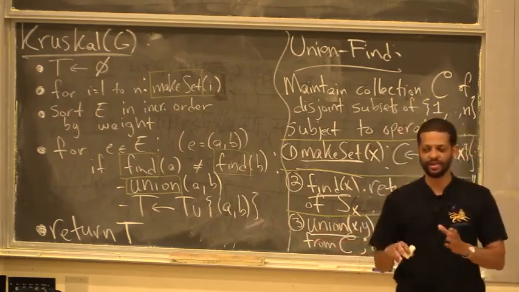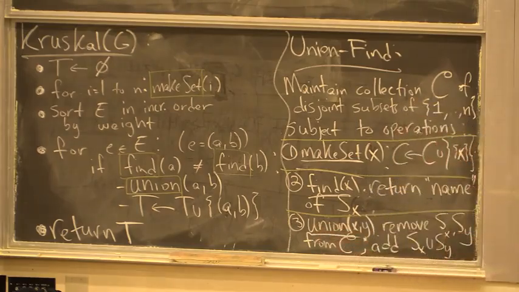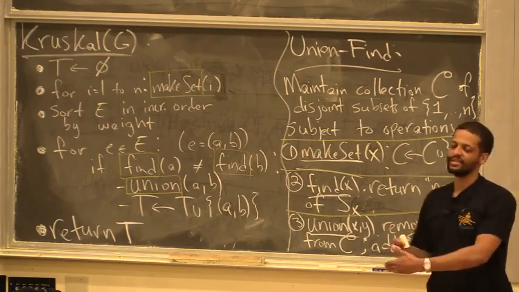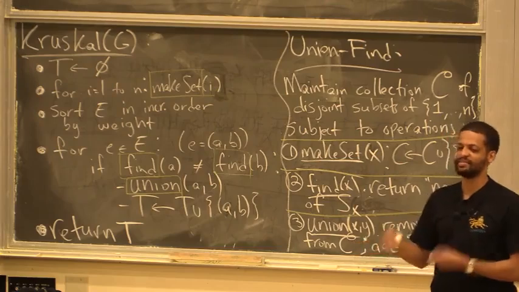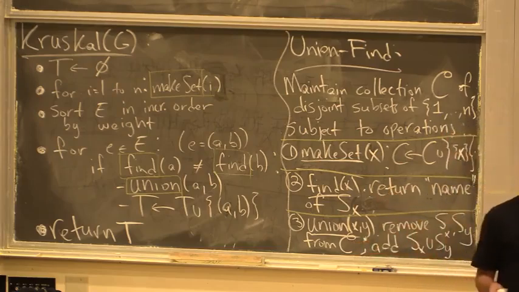The problem definition for union find doesn't really specify what the name should be. All I care about, my requirement, is that the name is consistent across the set. No matter who you find in that set, you should always get back the same name. There should be some canonical name. For us, the name will always be some representative element from that set.